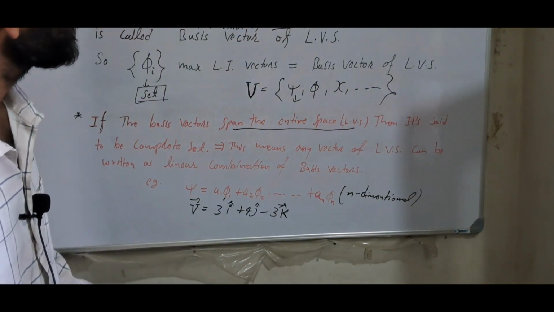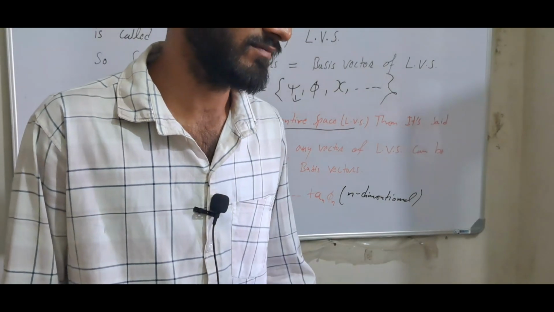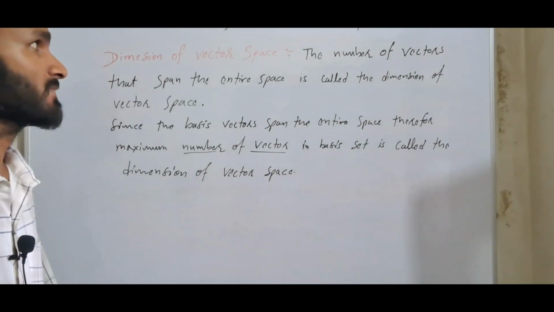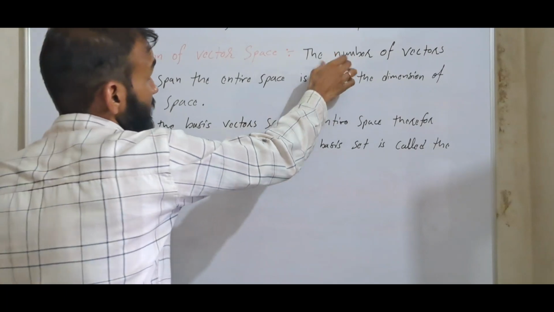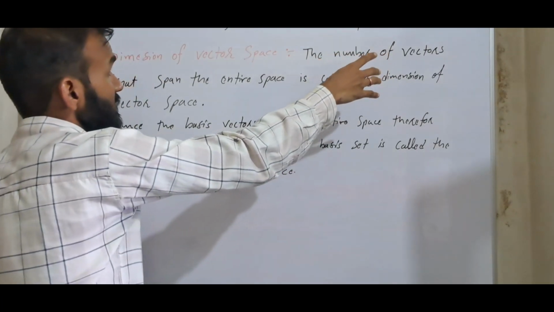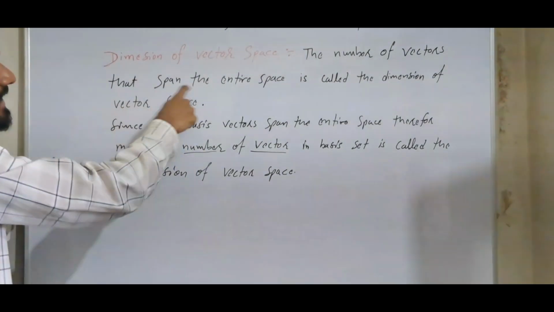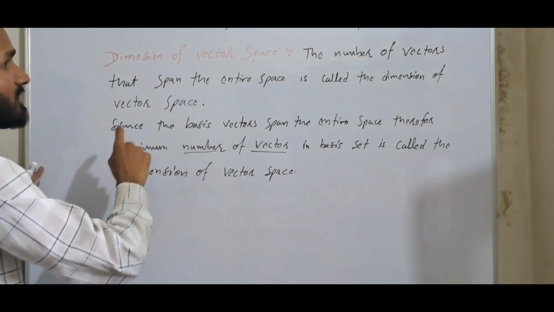So let's move towards the dimensionality of the vector space. Now let's talk about the dimension of vector space. The number of vectors that span the entire space is called the dimension of the vector space.